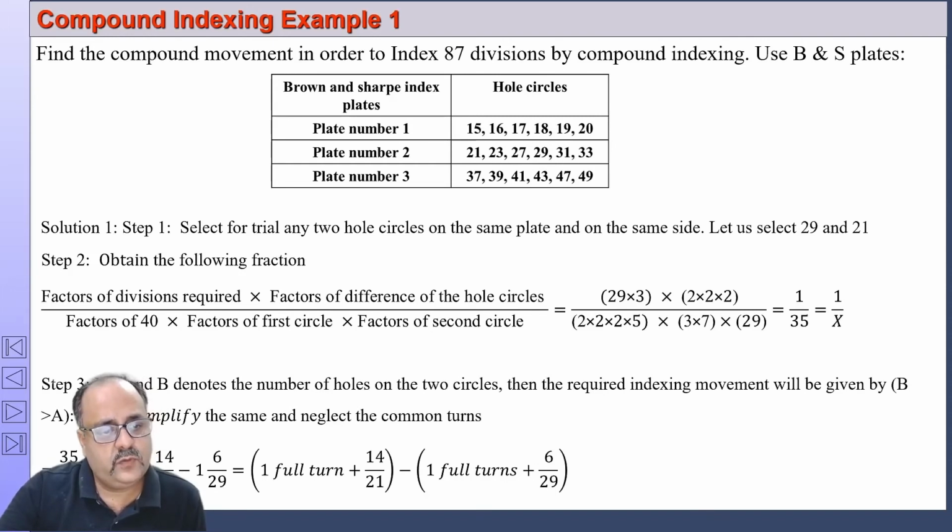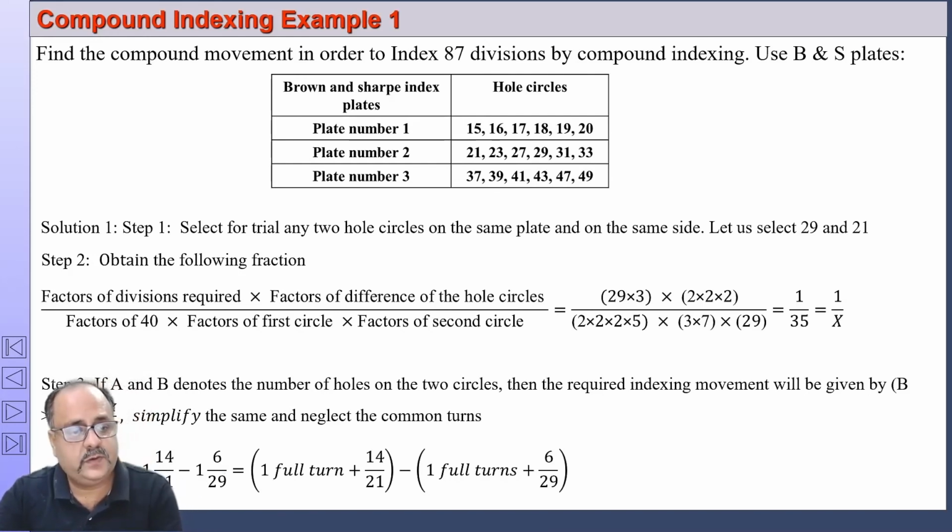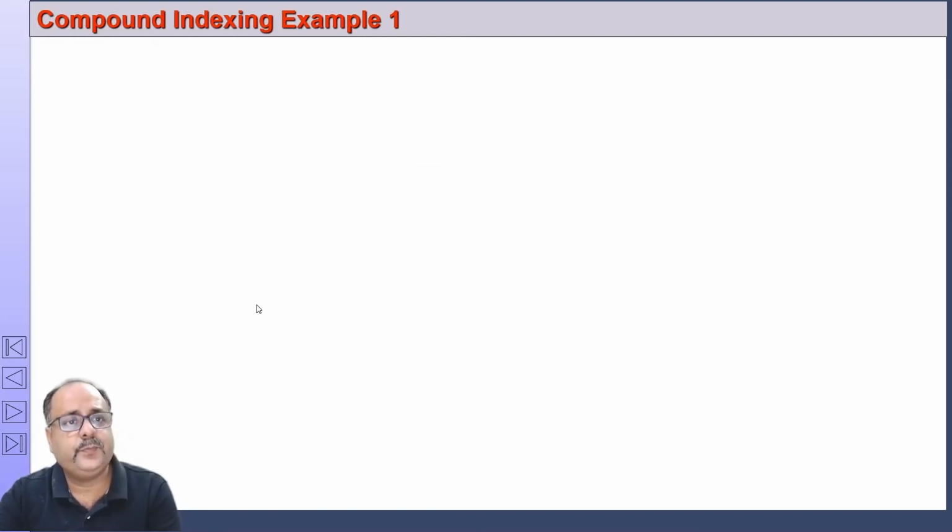So we have to move one complete rotation and 14 holes in the 21 circle, the crank and the plate both one complete rotation, and subtract that in the opposite direction, and 6 holes in the 29 hole circle. Since we are rotating in one direction, then rotating in the opposite direction, it is cancelling out. So we can cross out these common terms. So the movement will be 14 by 21 minus 6 by 29.